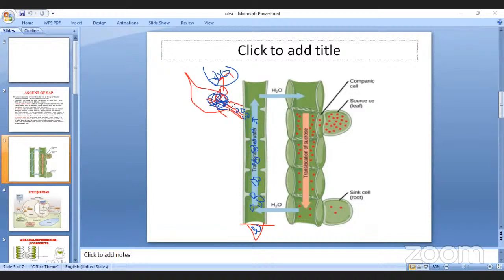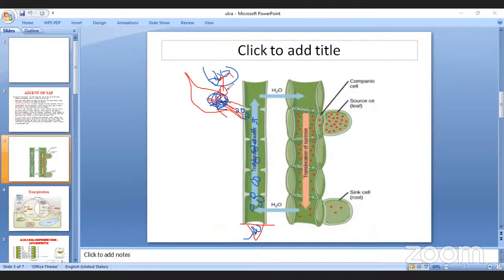As the next water molecule fills the gap, tension is created, and automatically from the underground, 10 water molecules are absorbed by the root. Again, if 5 water molecules moved, another 5 water molecules are absorbed by the root. This is called transpiration pull.